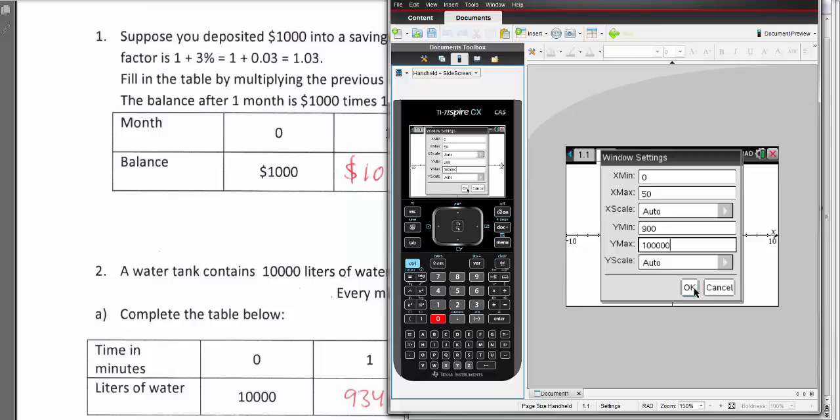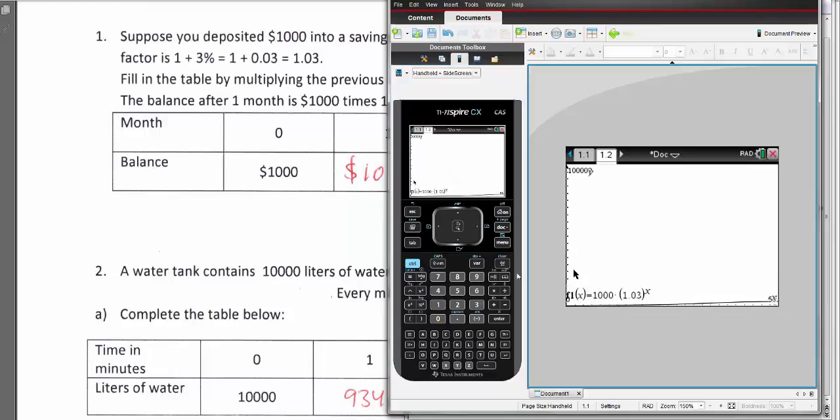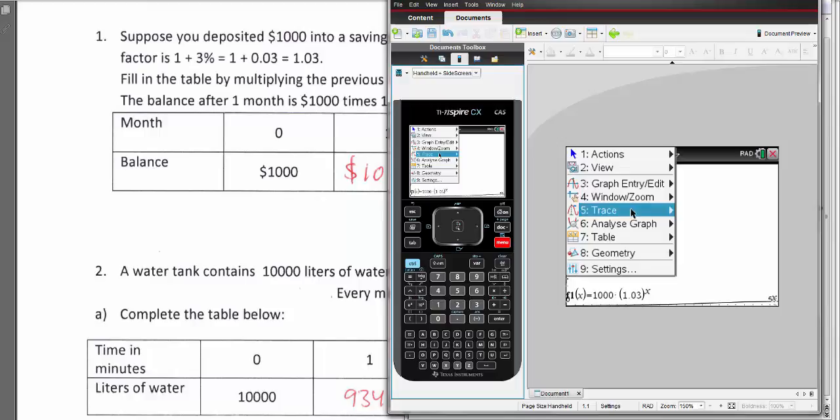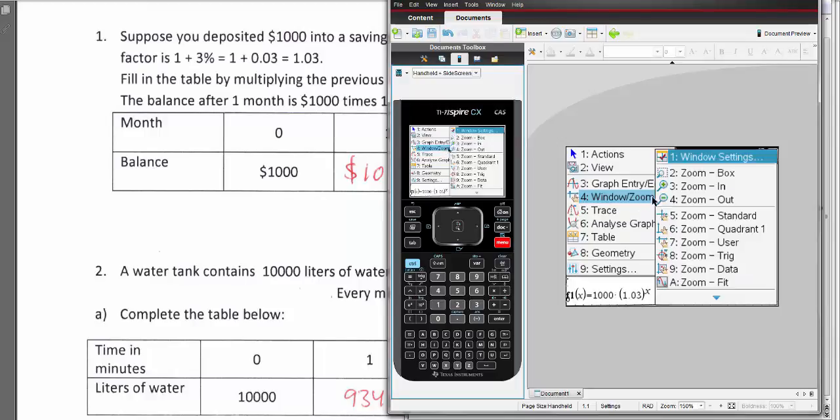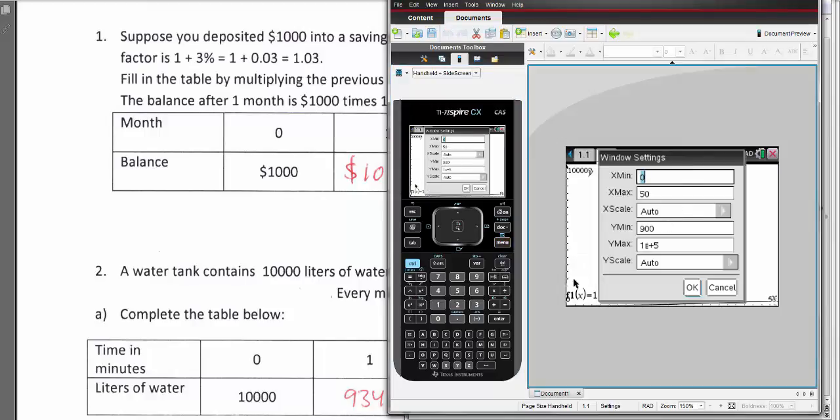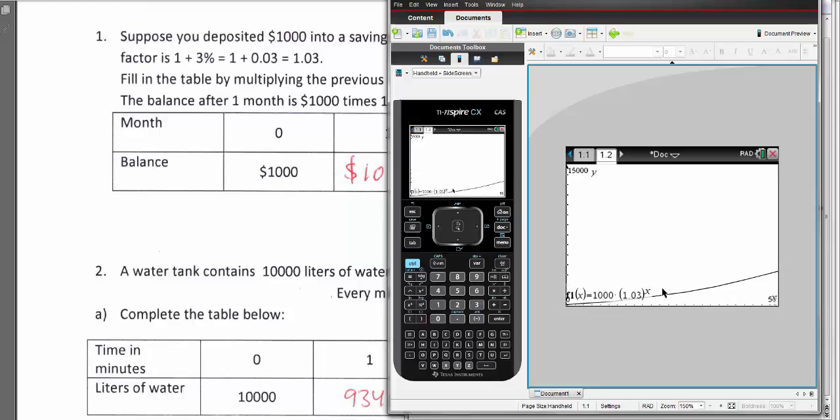Maybe that was a little bit too much. Yeah, that was too much with just 50 months. So let's change this into 15,000. Click OK. And now we see how the balance is increasing here.